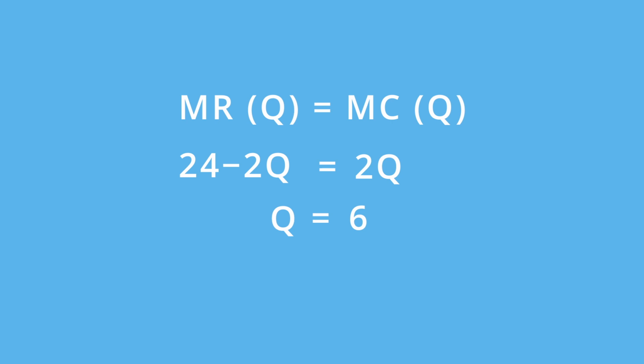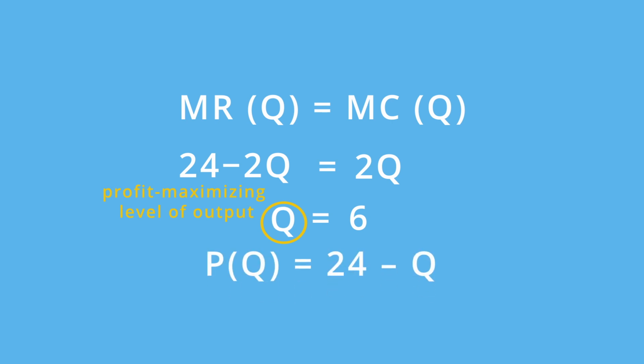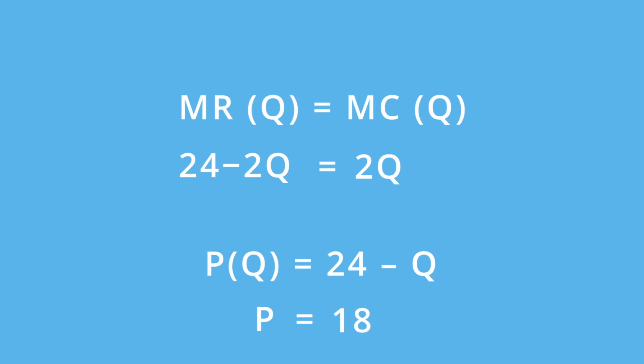We usually denote this profit maximizing level of output by Q star. When looking at the inverse demand curve, we have P equals 24 minus Q. By substituting Q equals 6, we have P equals 18. That is, the profit maximizing price for the firm is P equals $18.